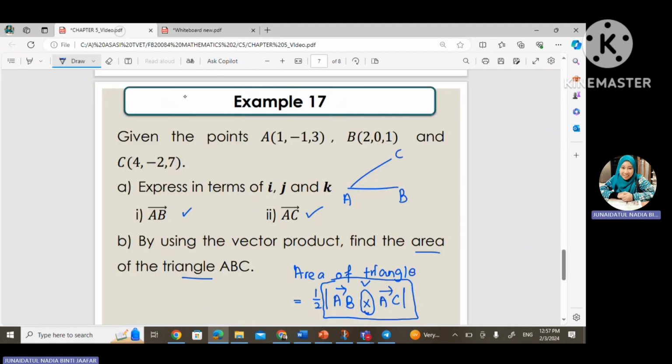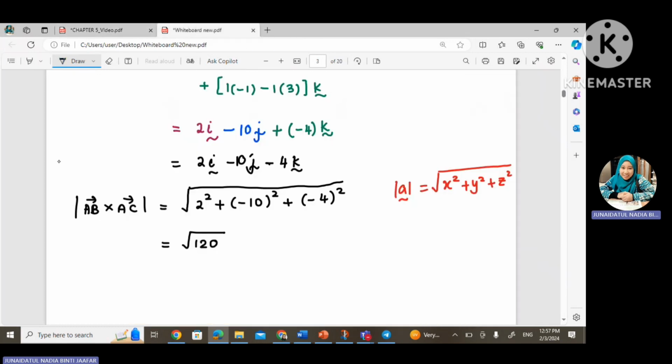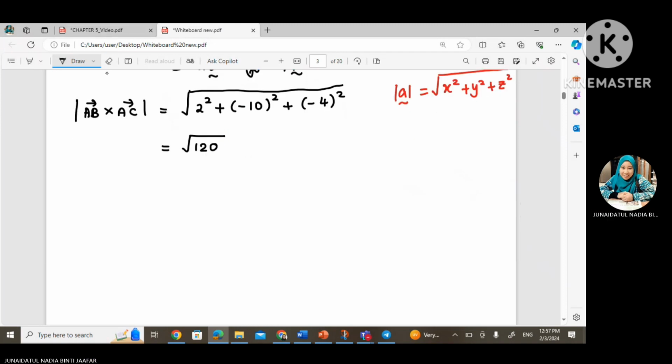Back to the formula. After we get the magnitude of AB cross AC, we must multiply by 1 over 2. So the area of the triangle is equal to 1 over 2 times the magnitude of AB cross AC.